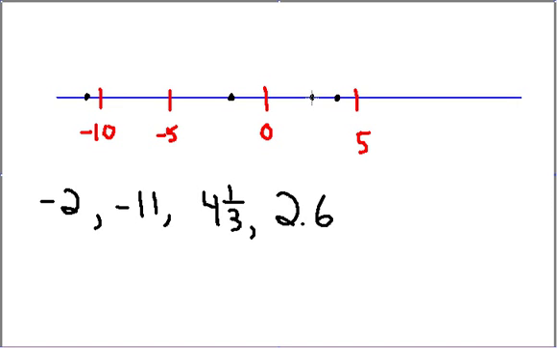The very fact that 2.6 is to the right of -11 means it's larger. Is -2 or -11 bigger? Well, -2 is bigger. It's further to the right on the number line. So once again, the number line is helpful for us to see which numbers are bigger than others just by visually seeing the positions of the points on the number line itself.